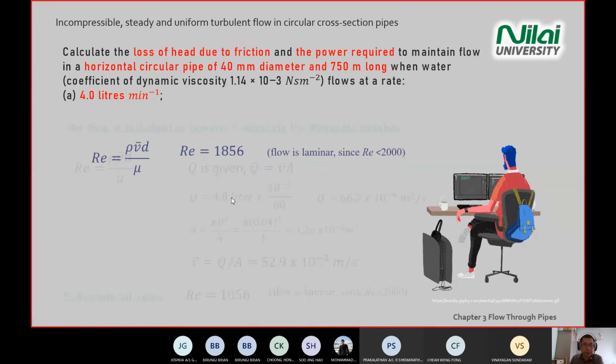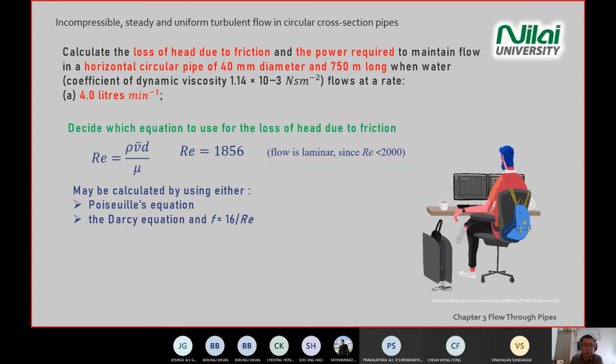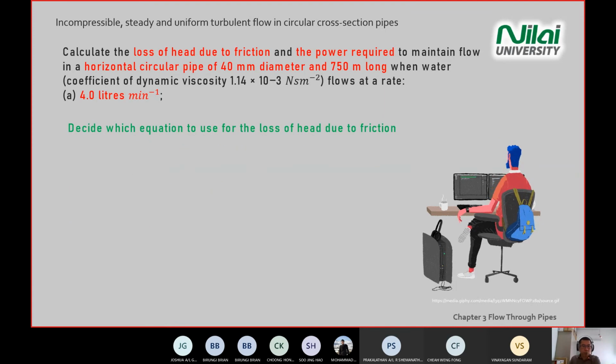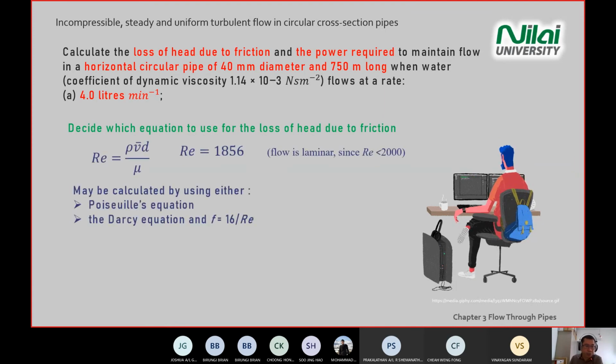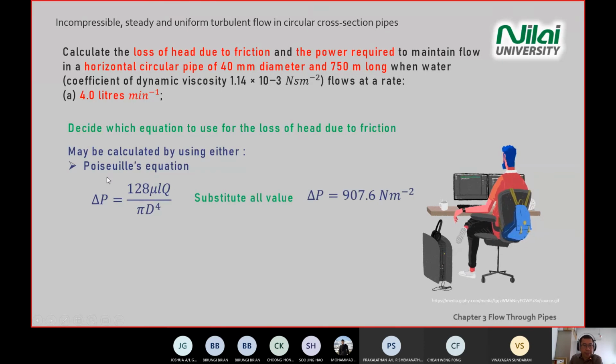Then another one is for the head loss equation, just application. We have the Poiseuille equation or Darcy equation to find what is needed. This one you can go through. You can find the delta P by using the Poiseuille equation in this case, because it's a laminar flow.